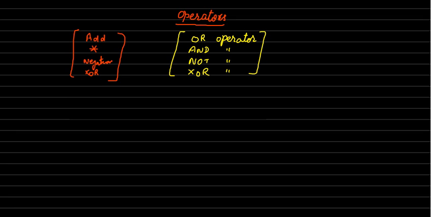So, what is the OR operator? The OR operator is logical addition of the two inputs, and it gives us a definite output on that basis. Now, what is the AND operator? The AND operator is logical multiplication.